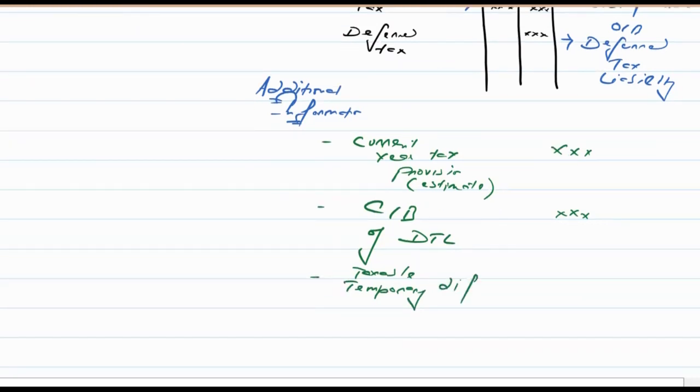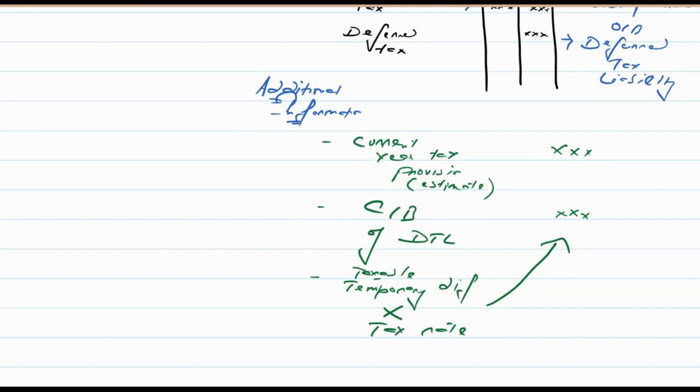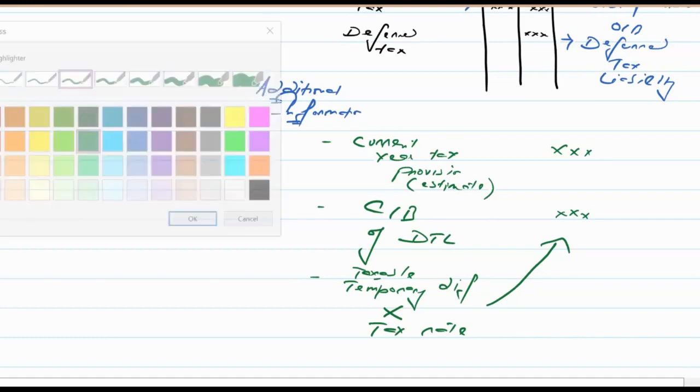So that is the taxable temporary difference. Then you need to multiply it by the tax rate in order to calculate this closing deferred tax liability. Now, what is the working?